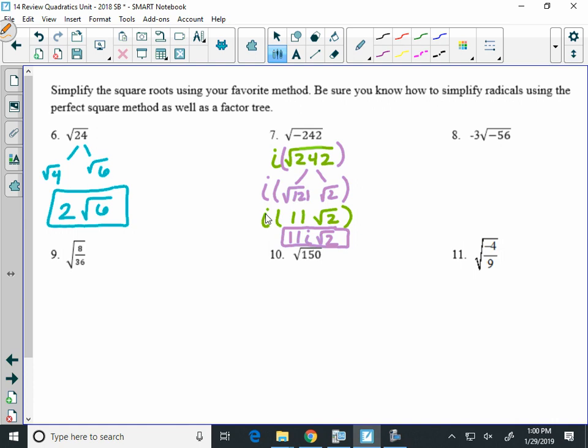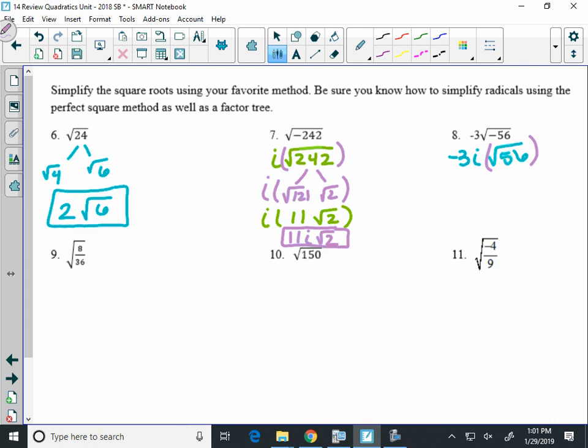If we take a look at the next problem, same kind of thing with 8. We have a negative underneath the radical, so we have to take out an i. Okay? And then the number underneath the radical becomes positive. 56 is not a perfect square, so you have to simplify it.